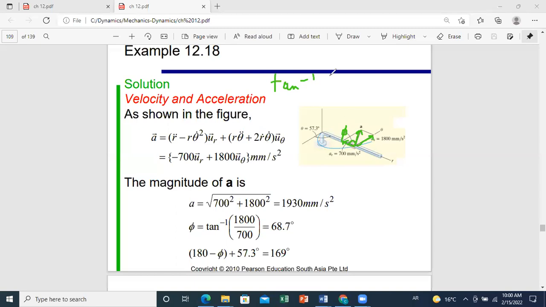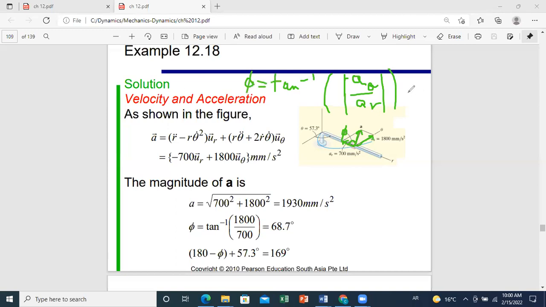So tan^-1, here I should do the absolute value of A_theta over A_r. And then I can say that phi, this is the angle I want to calculate.